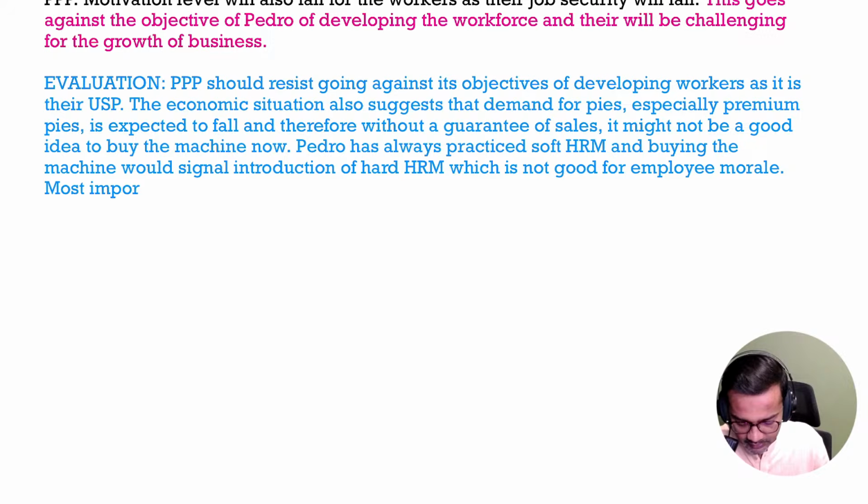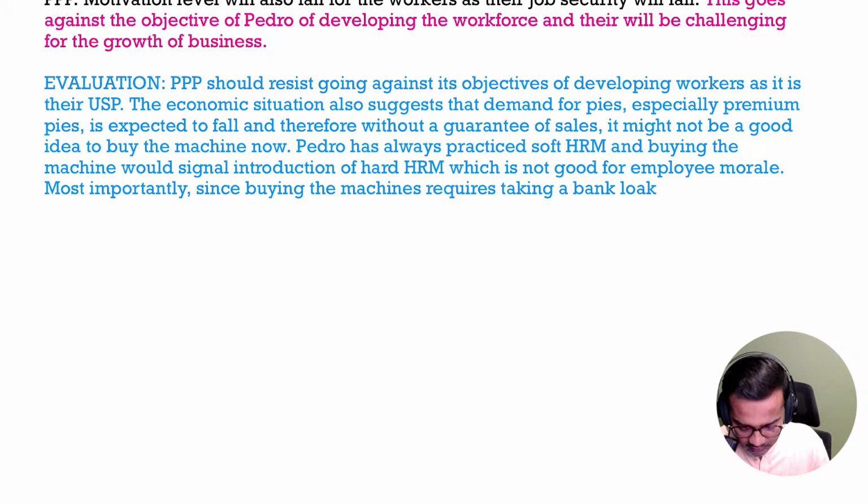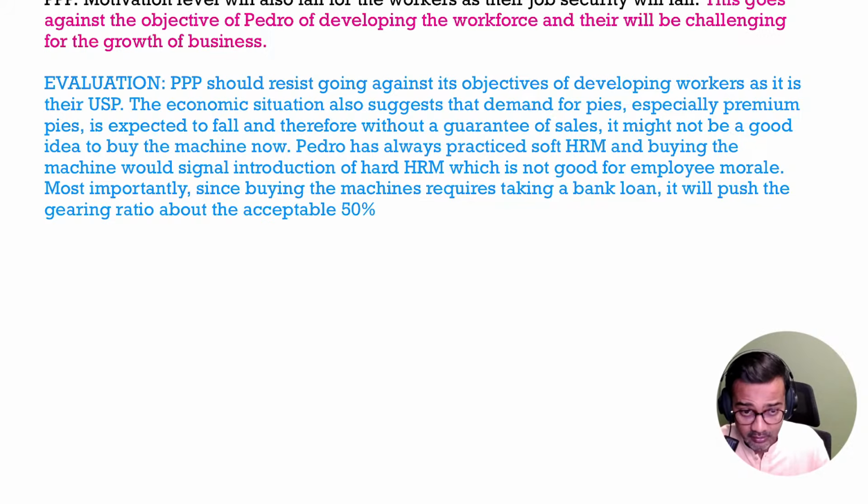Most importantly, since buying the machine requires taking a bank loan, it will push the gearing ratio above the acceptable 50% target, which means, what does that mean?